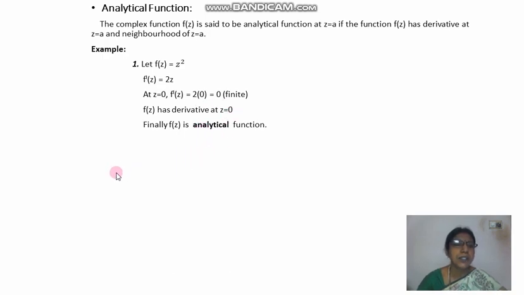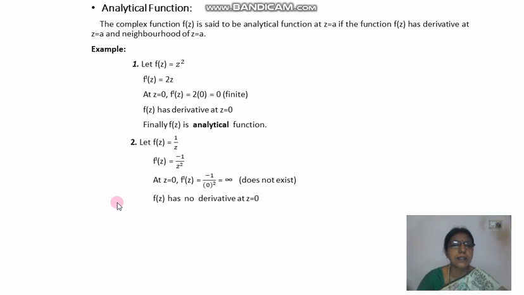See the next example, another example. Second one, take the function f of z as 1 by z. Its derivative f dash z is minus 1 by z square. Let the same point be z is equal to 0. f dash z is minus 1 by, in place of z square put 0 square. Now the denominator is 0, which means infinity. So here f dash z is infinity.